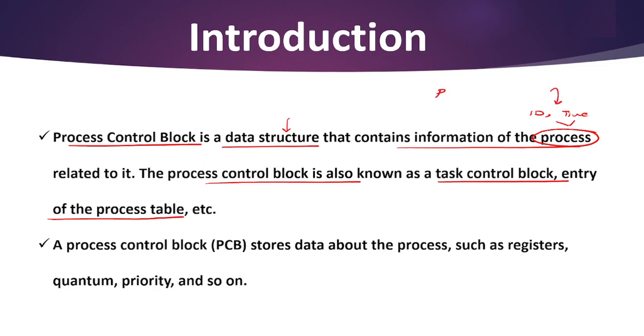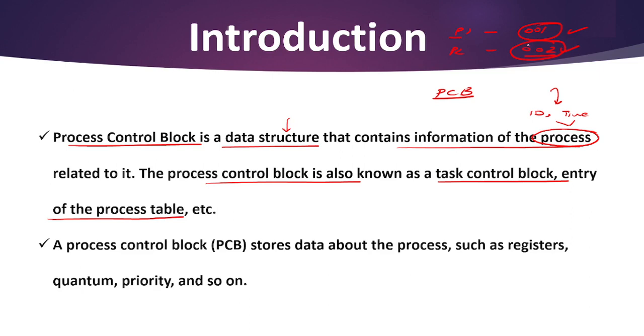So the role of PCB is to give identity to each process so that the operating system can easily distinguish between the processes. So every time a process is created, it is allocated a unique ID. Let's say the ID of process P1 is 001, process P2 is 002, and it helps our operating system to uniquely identify any process.